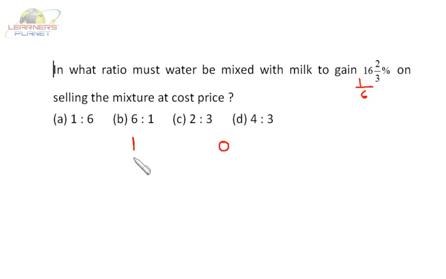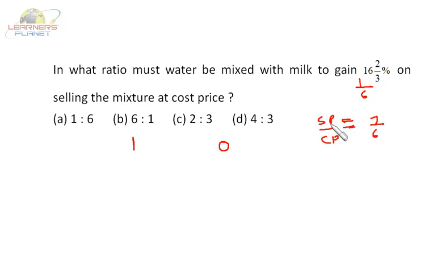That means the selling price of the mixture is rupees 1 per liter, and we are making a profit of 1/6, or 16 2/3%, on that. Okay, now the selling price by cost price ratio is 1 plus 1/6, that is 7/6.